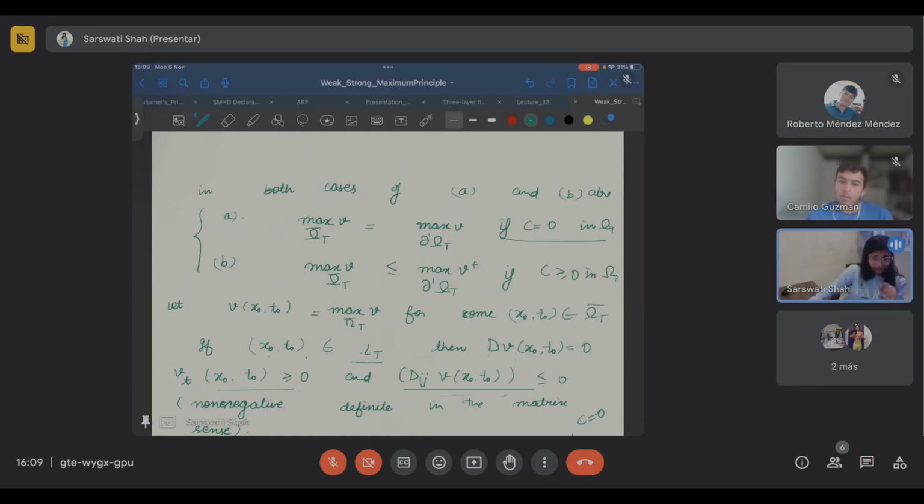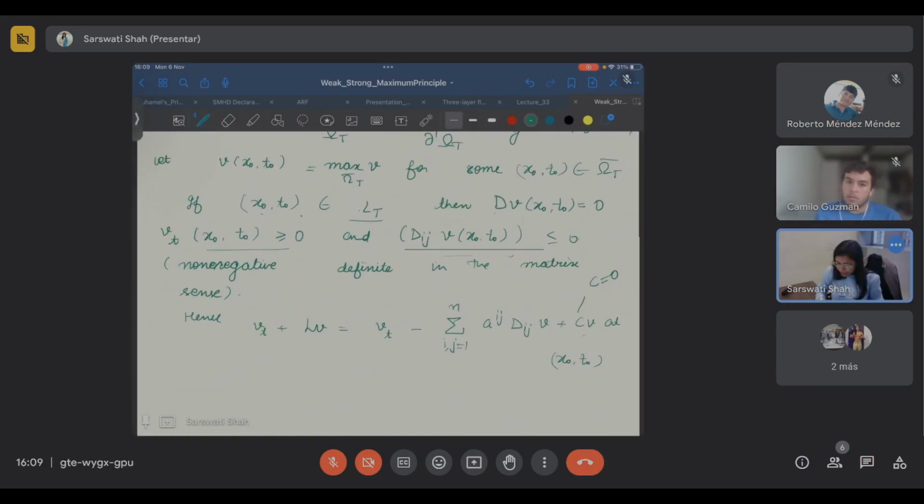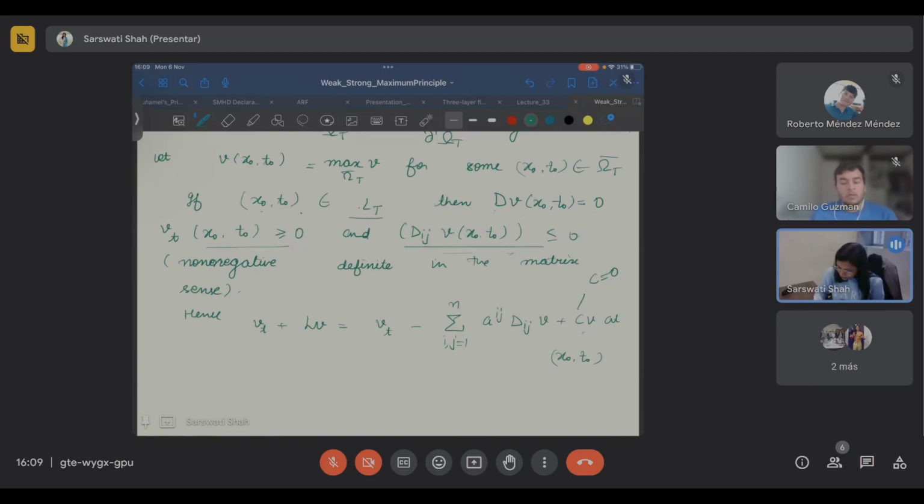If that (x naught, t naught) belongs to the interior region, this condition will hold if c equals 0. So in that case, when (x naught, t naught) belongs to the interior of omega T, then this is going to be 0, and the time derivative of the variable is going to increase with the time, because the temperature is basically getting heat. This is basically the heat equation, we are heating the rod, so Vt is going to be greater than or equal to 0, because the temperature is going to increase with the time.